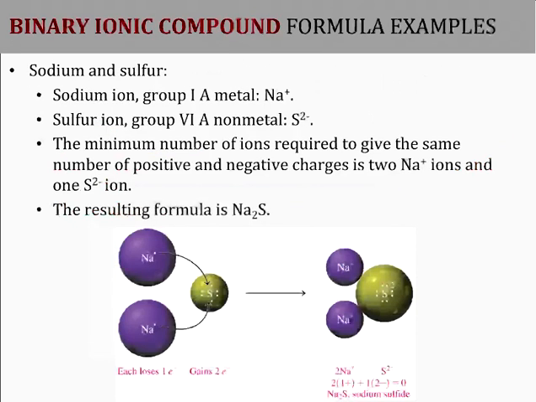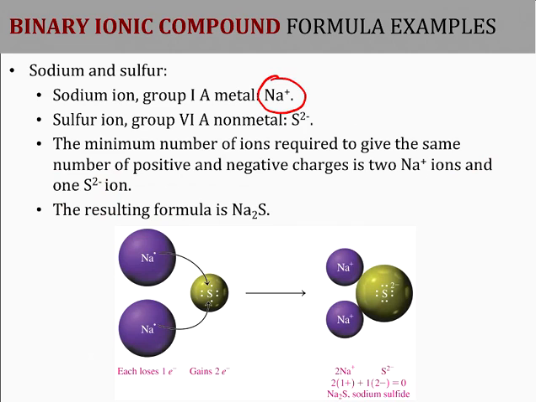All right, so let's talk more about balancing charges in ionic compounds. So what if we were creating a compound between sodium and sulfur? We already saw that sodium is a group 1A metal, and it loses one valence electron to form the sodium ion, which is Na+.